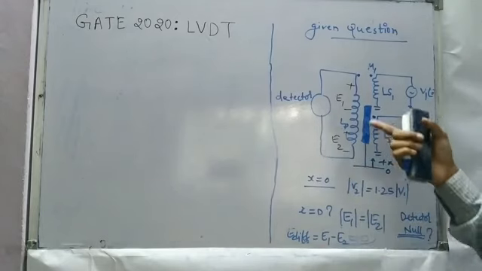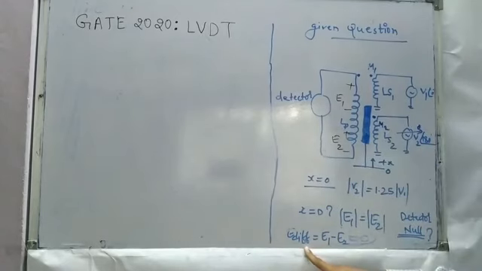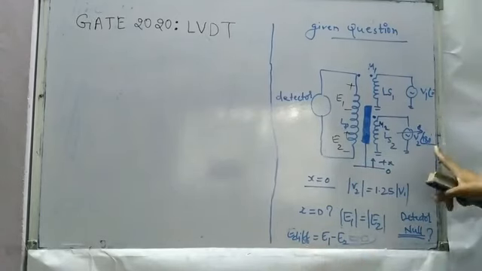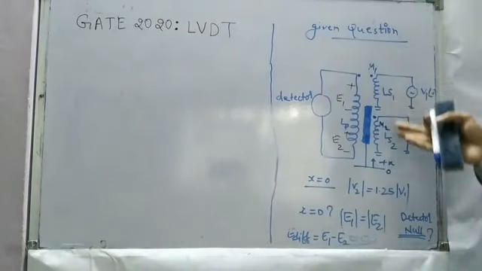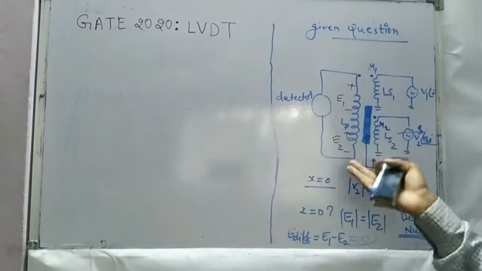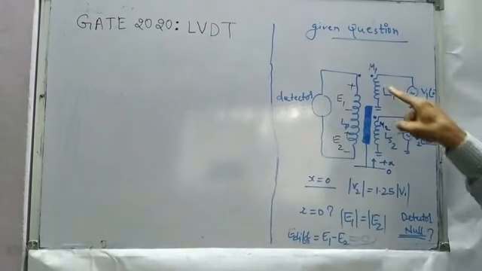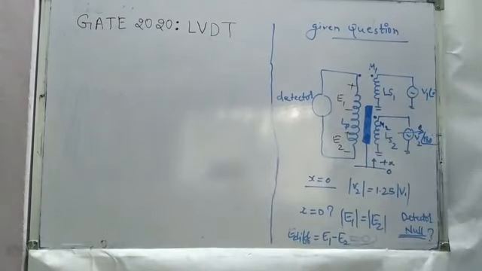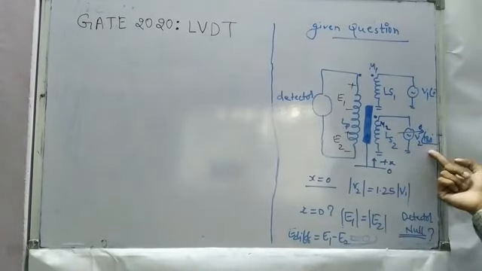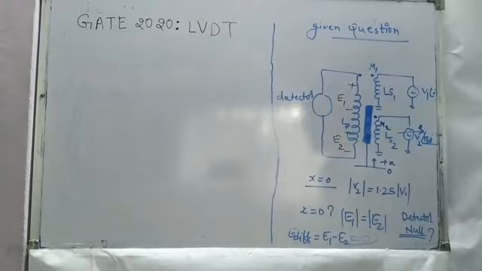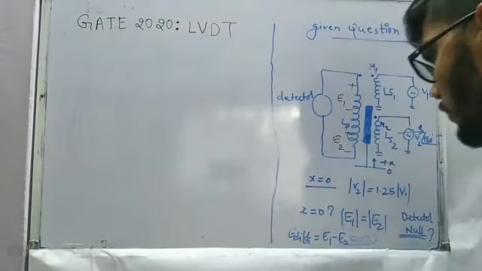So we have to make sure that we get the output as E1 minus E2. For that only they have mentioned the angle. So just by seeing the configuration you don't need to worry whether it is working in the opposition mode or not, because these dot conventions say that it is simply going to replicate as it is, but due to the phase difference this is going to be minus E2. Only magnitude we'll talk about for now.